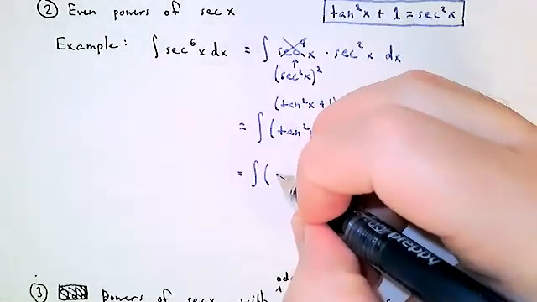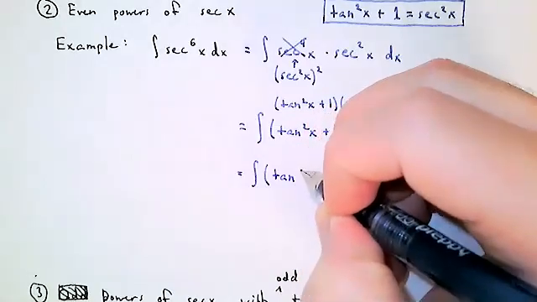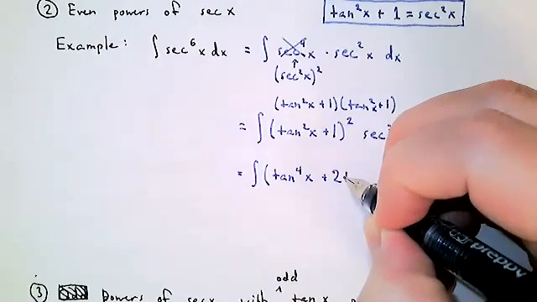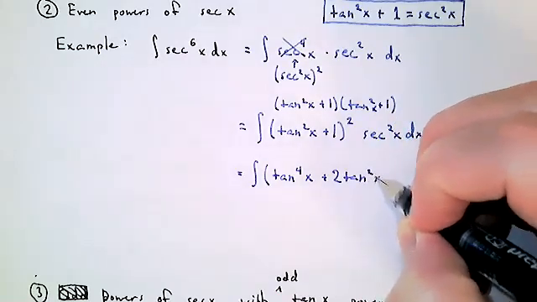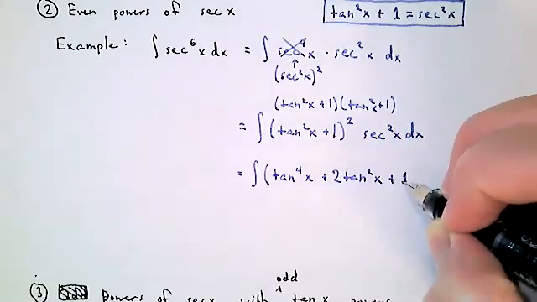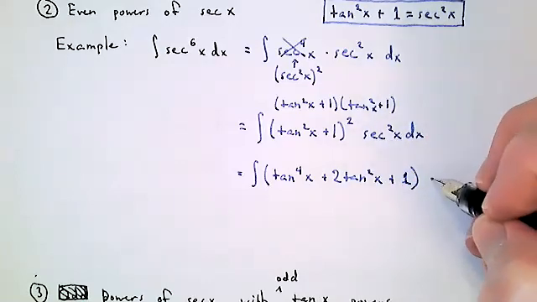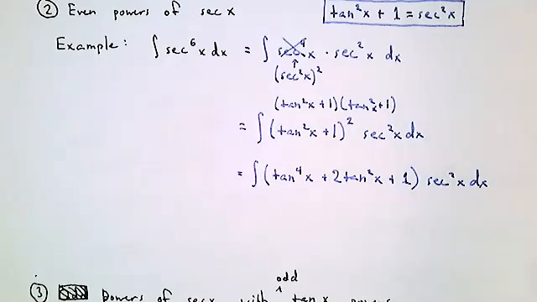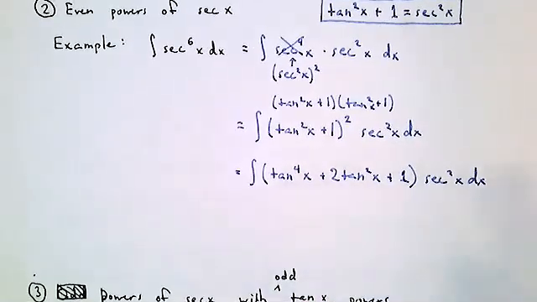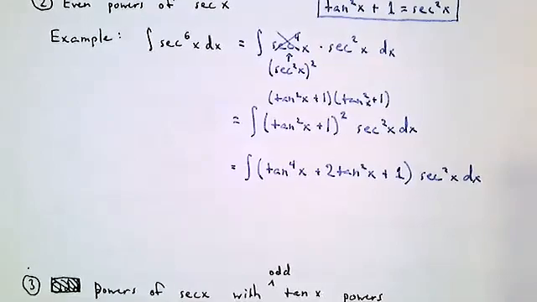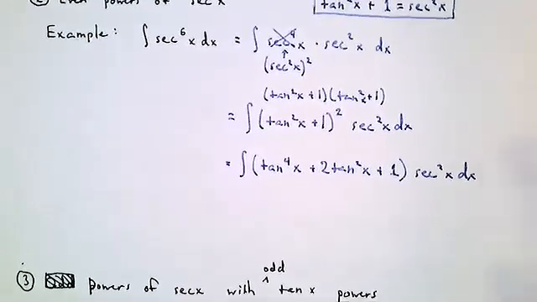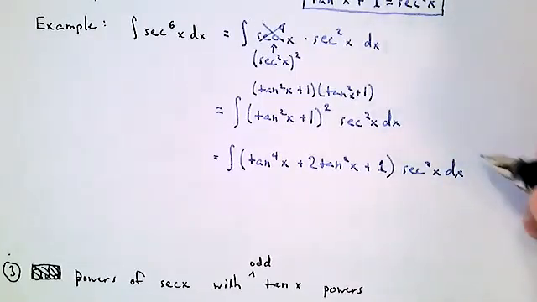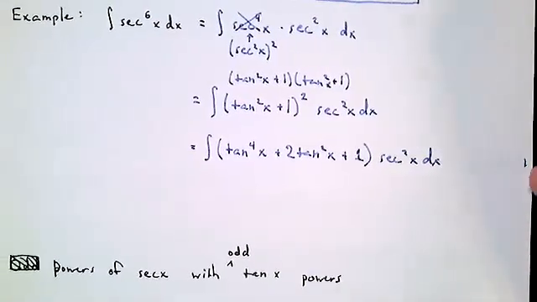So what we get is a tangent to the fourth plus 2 times tangent squared plus 1, and then secant squared is going along for the ride here. Now we can do our u substitution. We can do this one probably mentally. Our u is going to be tangent. Let's see, do we have some space over here?